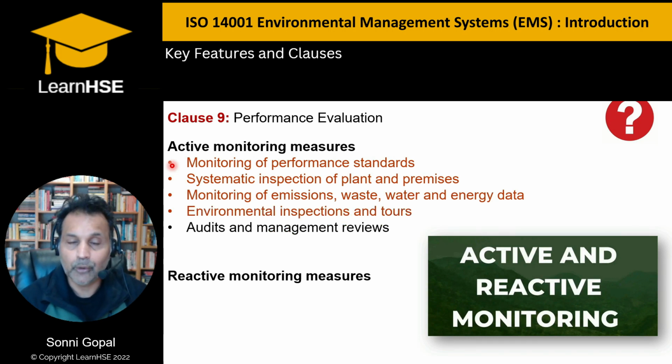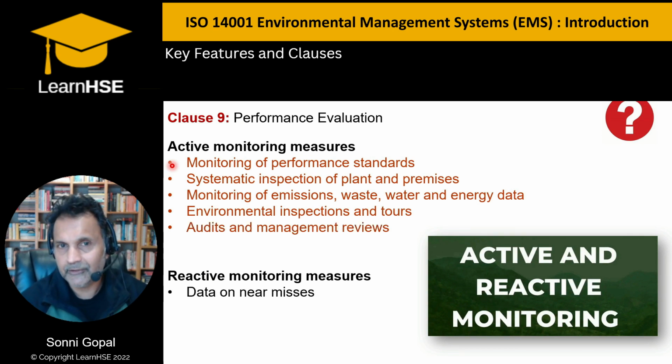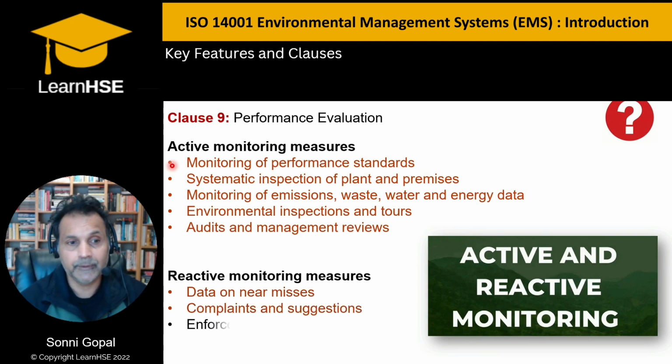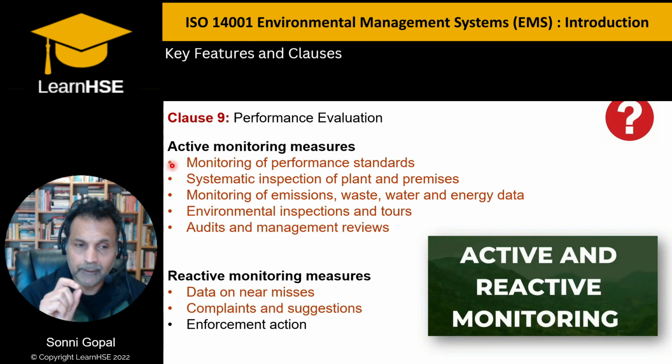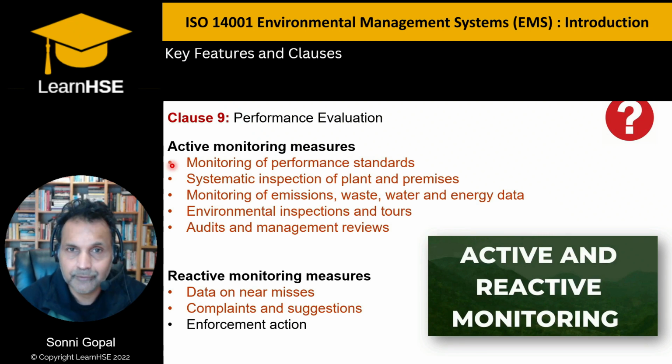There could also be audits and management reviews as well. When it comes to reactive monitoring measures, these are typically data on near misses. It could be complaints and suggestions, or it could even be enforcement actions that is placed on the organization. Two important ways of monitoring measures, active and reactive.